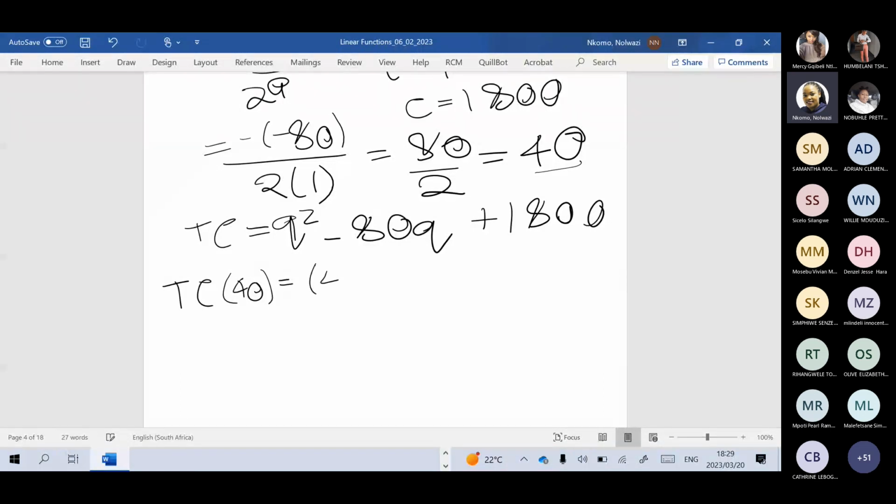If you punch this in your calculator, you should get 200.